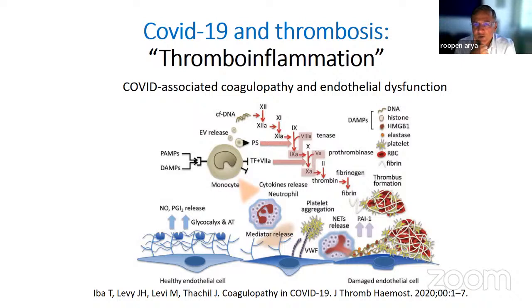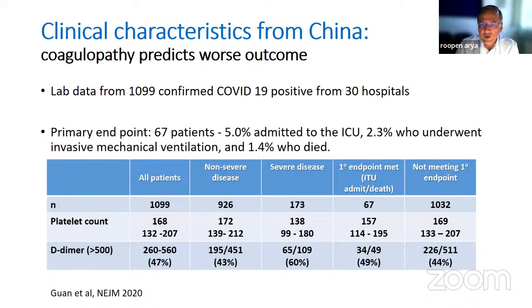Some of the more contemporary studies look at trying to inhibit the NETs, for example. So all of this results in a combination of microvascular and macrovascular thrombosis. So this is thromboinflammation.